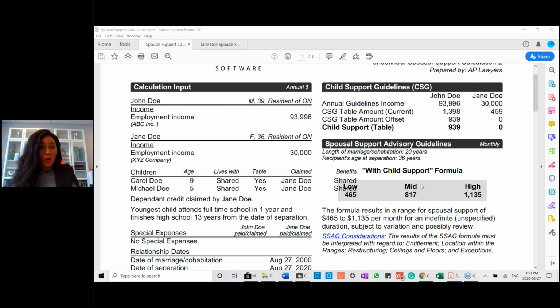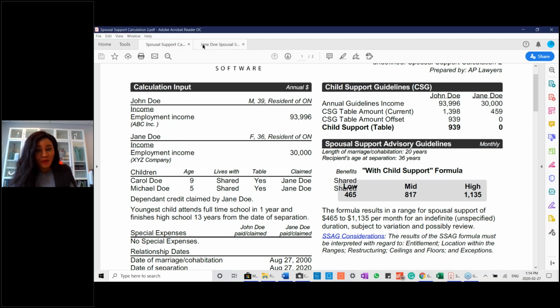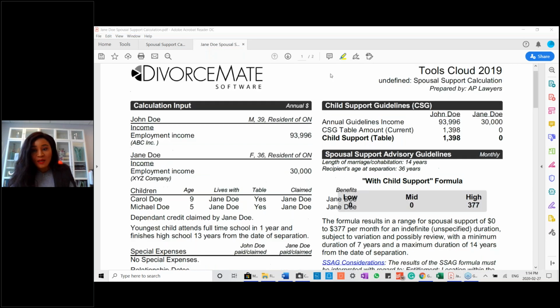Different factors affect what the child support amount should be. In this first calculation, you can see that the children, Carol and Michael, have a shared parenting arrangement. And in this other scenario, you can see that the children just live with Jane alone.